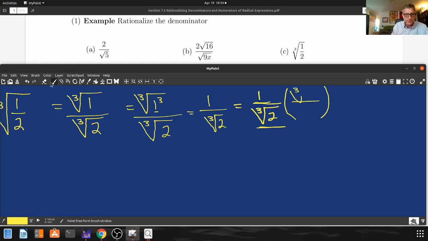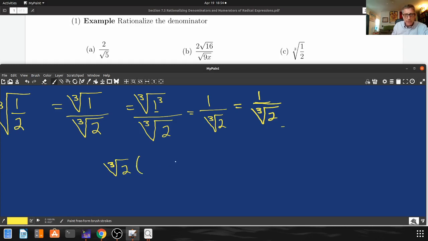let's stop for just a second. So I'm getting ready to just tell you the answer, but I think I need to explain something here. So I want to get rid of this radical. I want to change the cube root of 2.